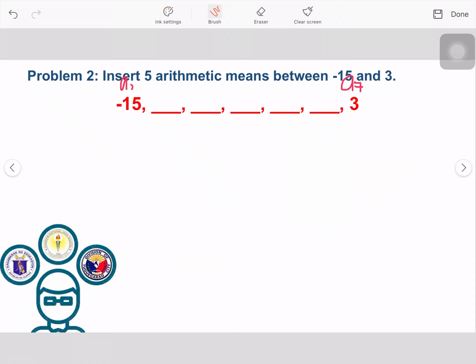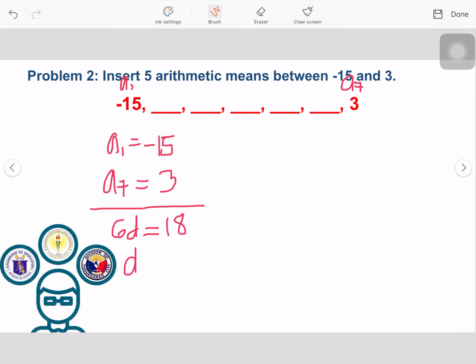So from the given, a sub 1 must be equal to negative 15 and a sub 7 must be equal to 3. Solving for the common difference now, 7 minus 1 is 6, then append letter D. That's equal to 3 minus negative 15 is 18. So D now must be equal to 3.